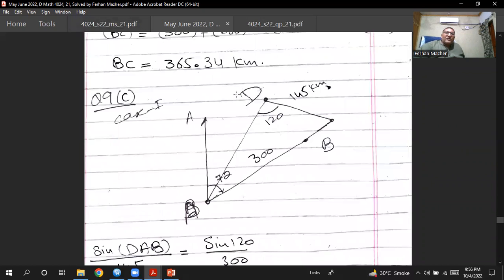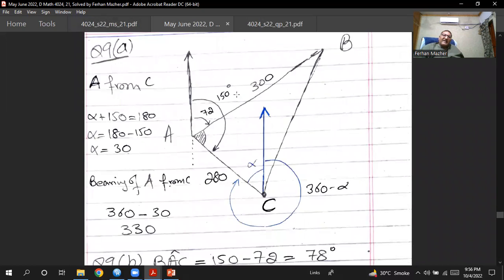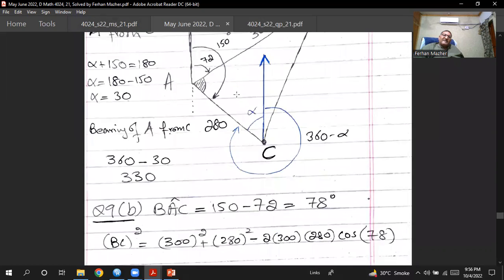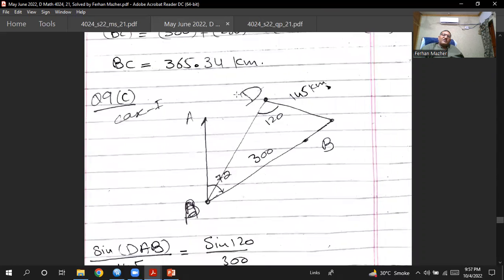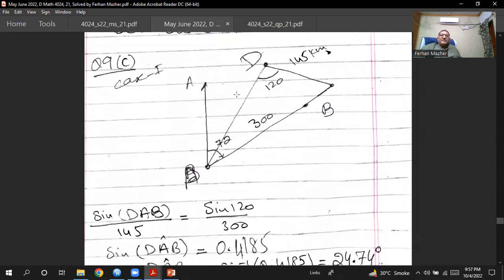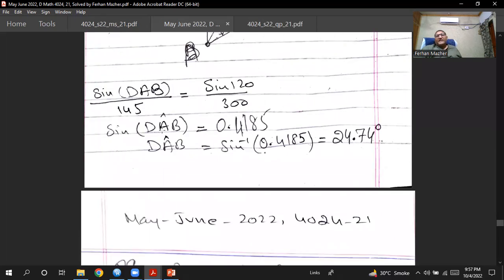And let me show you that question again. Slowly I'm moving this slide, and you can see this is how we have done this question. So that was case number one. We found this angle here, and the bearing of the D from A will be 72 minus that angle. That angle was 24.74.